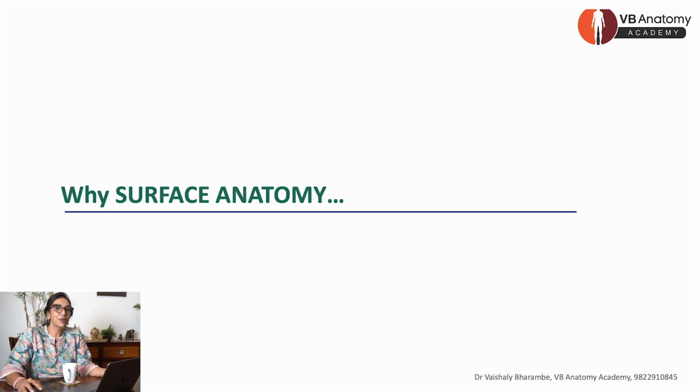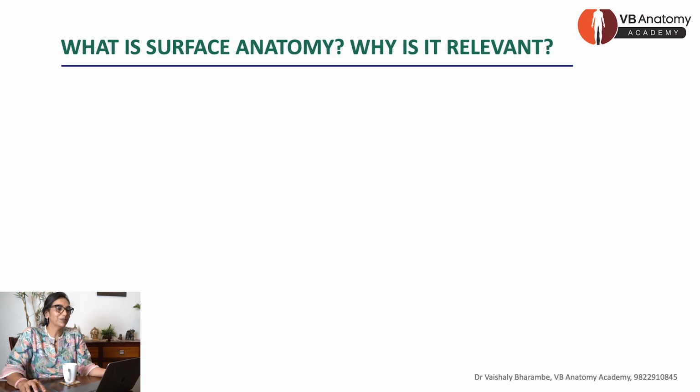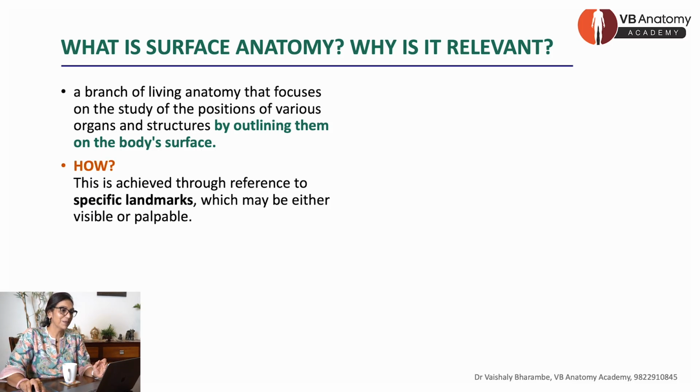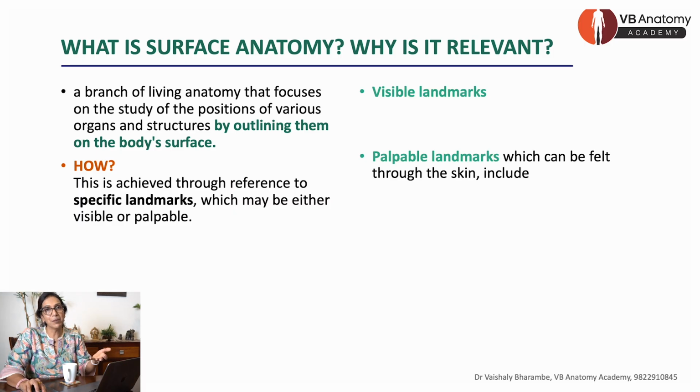Why surface anatomy? Why does it matter? So what happens is, in surface anatomy, you are outlining the organs inside on the surface of the body. How? See, there are certain landmarks which are visible landmarks or sometimes palpable landmarks. Visible landmarks like bones and cartilages.